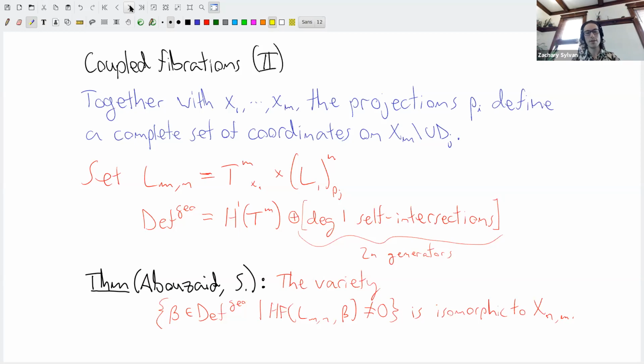Once we've done this, we can introduce a split Lagrangian. We can introduce some deformations on this and compute that the non-zero objects in this deformation space are precisely the mirror. All right. I think that's my time.